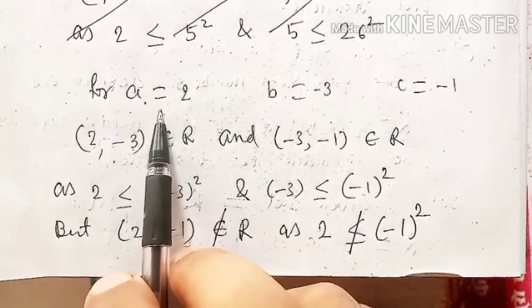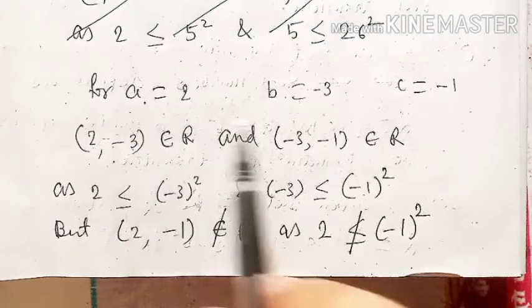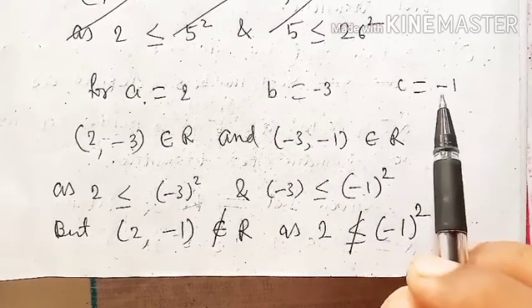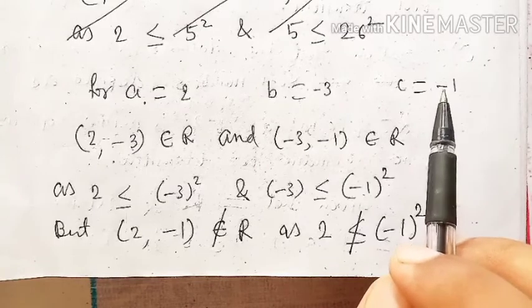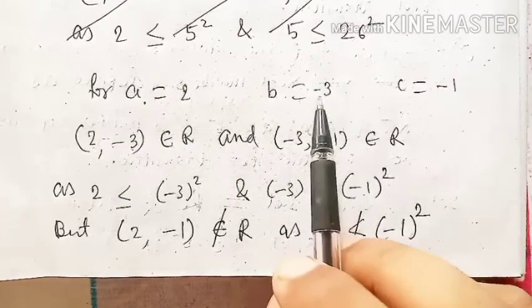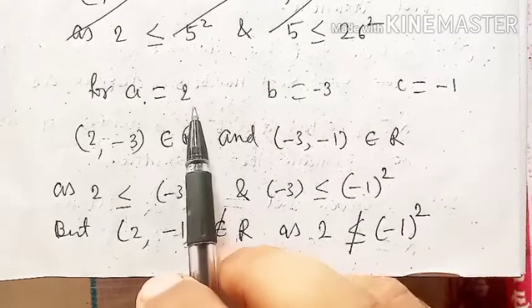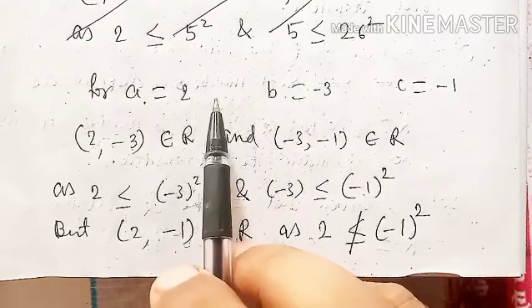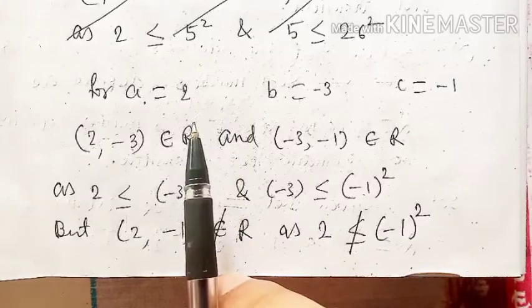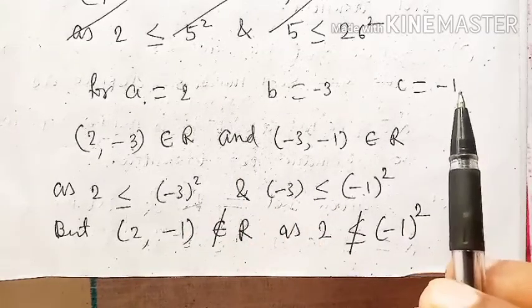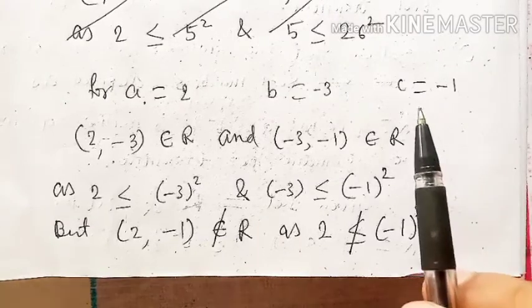For transitivity, we have to take A as positive, negative. Here we can take negative or positive also. We can take here 1. Then also 2 is less than (-3) whole squared, and -3 is less than 1 whole squared, but 2 is not less than (-1) whole squared or 1 whole squared.